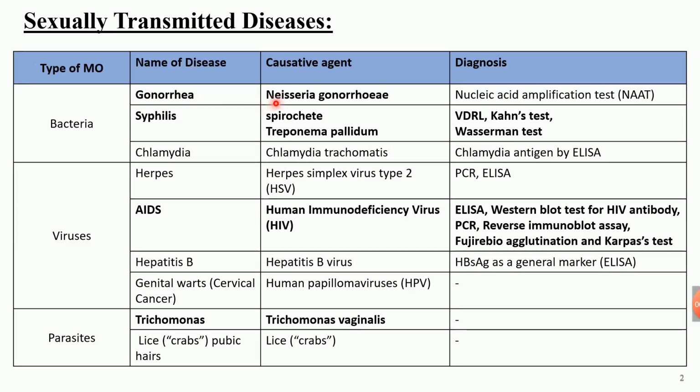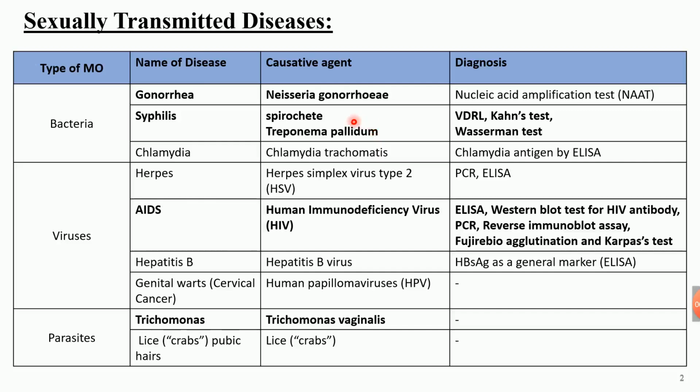Gonorrhea is a disease caused by Neisseria gonorrhoeae, and the diagnostic test used is the nucleic acid amplification test. Second STD caused by bacteria is syphilis. Syphilis is caused by a spiral-shaped bacteria, a spirochete, known as Treponema pallidum.